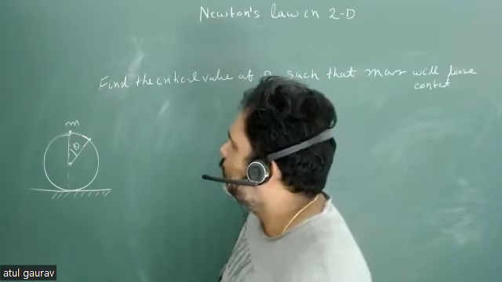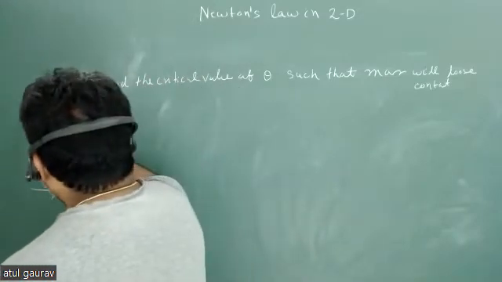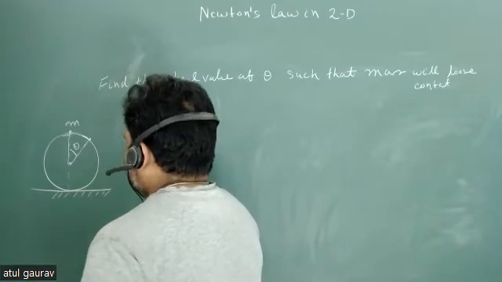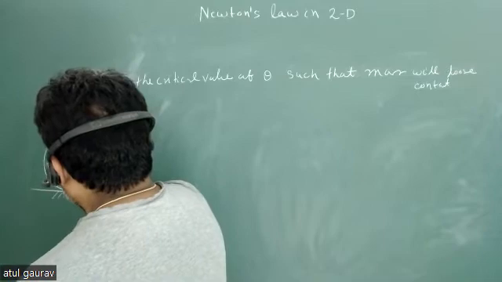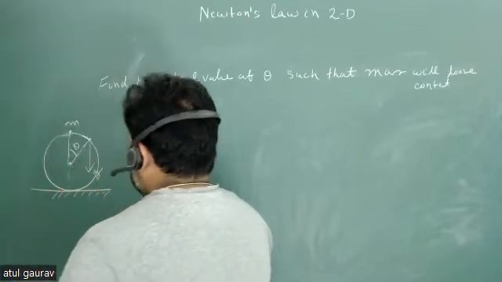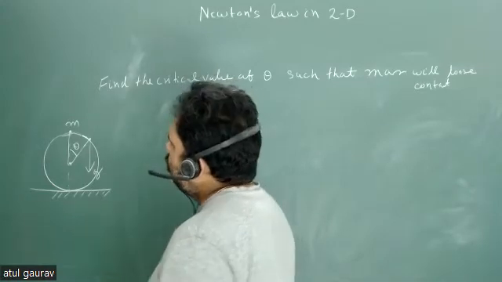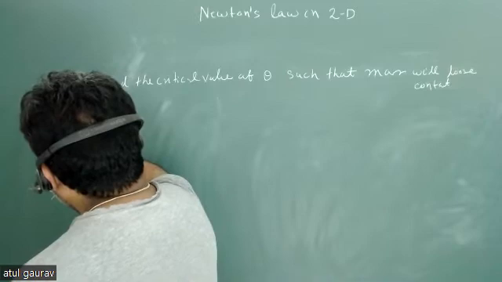Okay, so let's try to go for this. It's very interesting. So what are the only forces acting on this particular particle? Gravitational force. In which direction? It will be in the g direction. So there is another force acting in which direction?